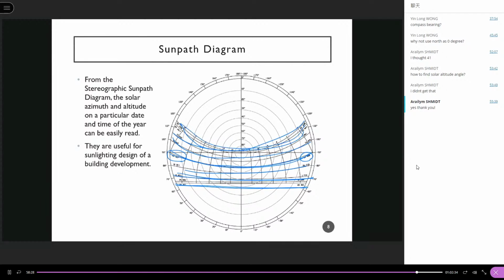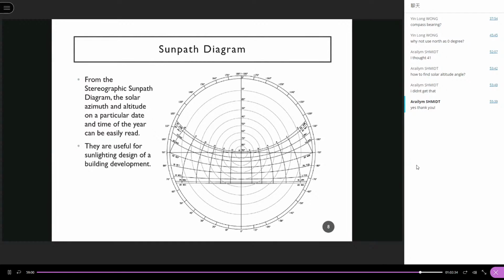After June, we have July, August, September, October, November, and December again. So the sun path will be oscillating from south to north and then from north to south. Here one sun path actually represents two dates.